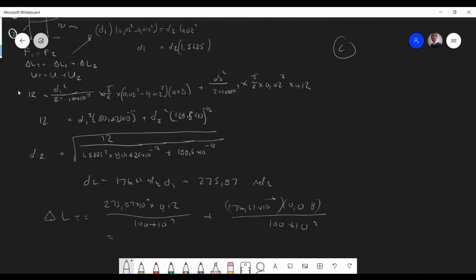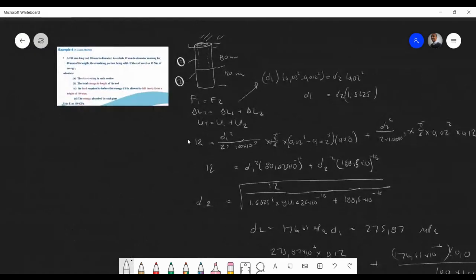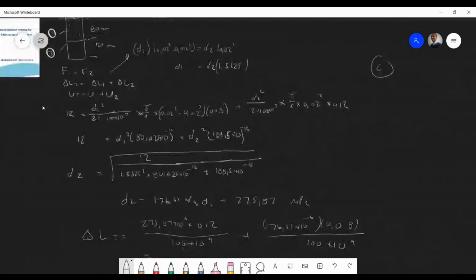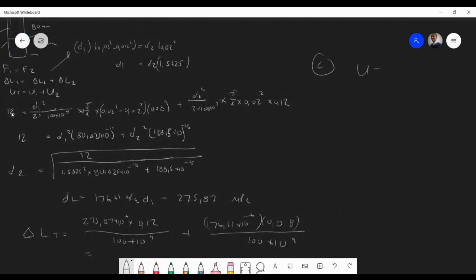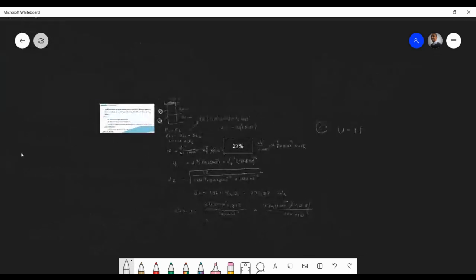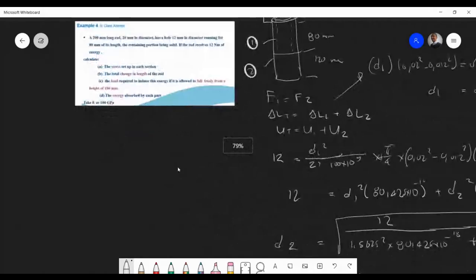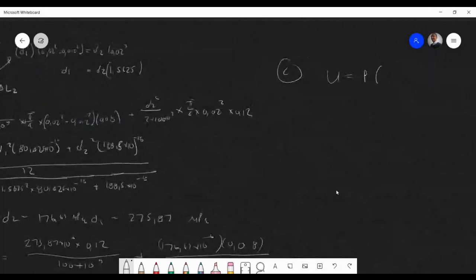Part C, they've asked us the load required to induce this energy, and then again, of course, we have to use this model. And they said it falls from a height of 0.1, so it's 0.1 plus h. Whoa, before we get there, it's not that simple.